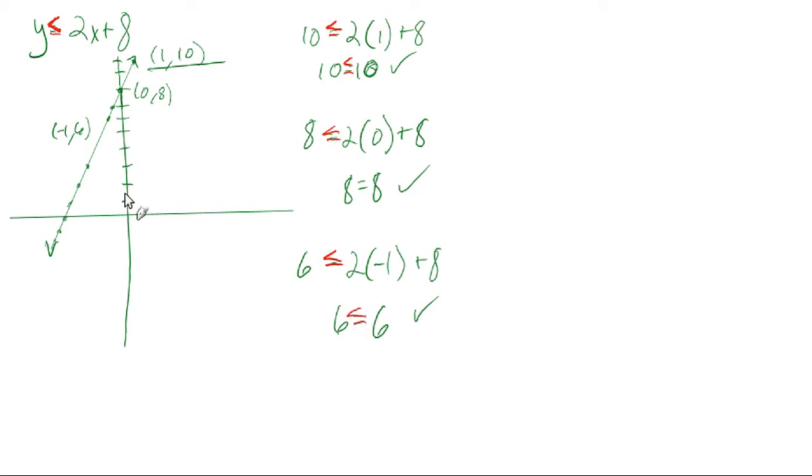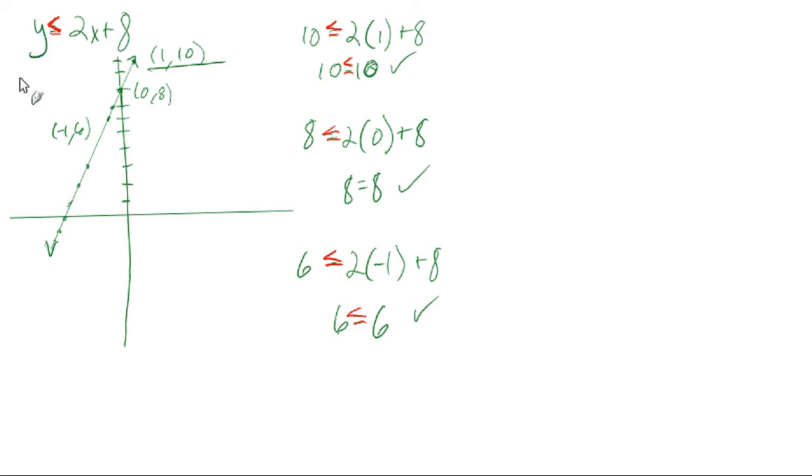Okay. But what other values would work? Because there are also values that would fall into the category of making this side less than this side. Well, let's think about that here on this graph. On the line is where you'll find points, x, comma y, that make these two sides exactly the same.